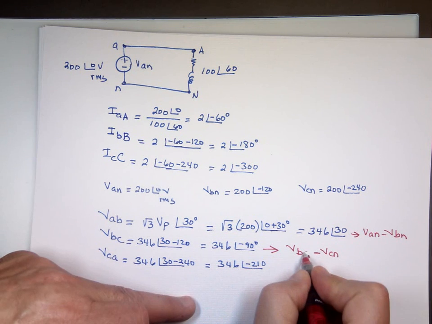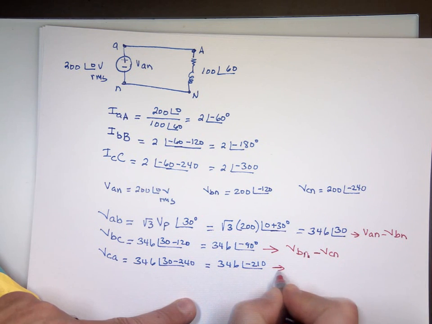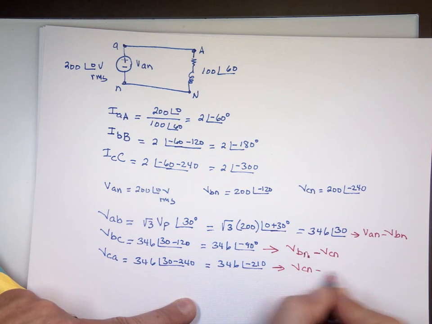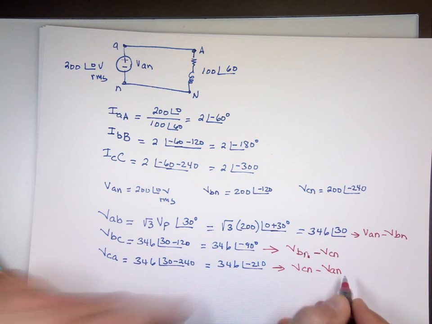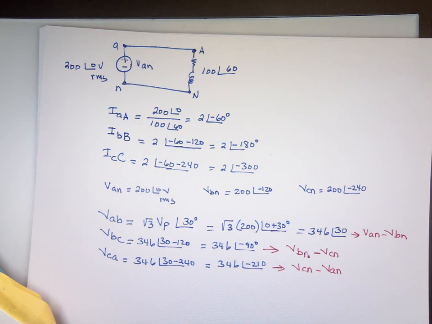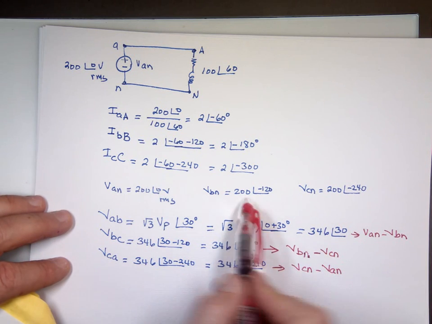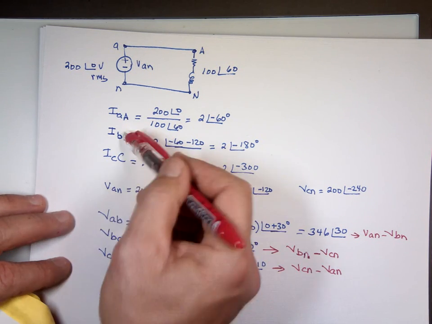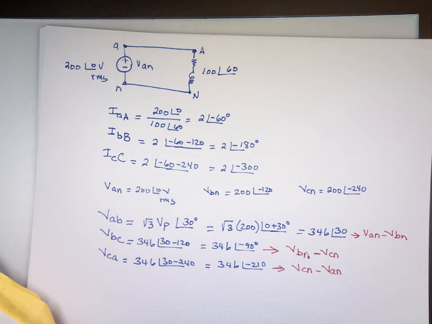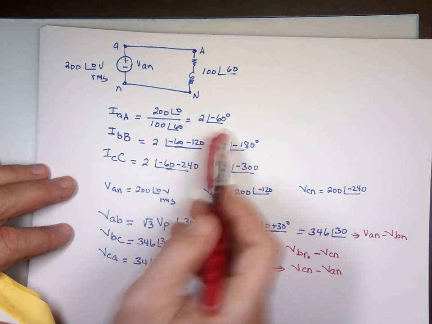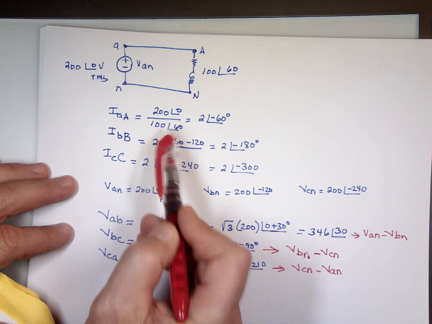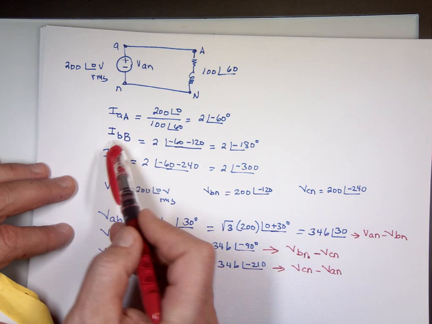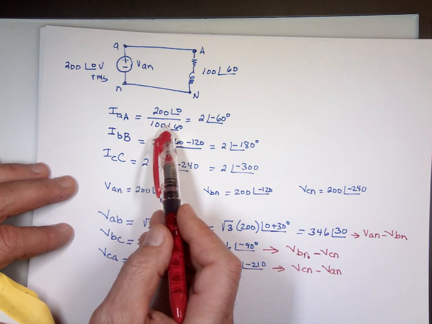This will be VCN minus VAN. So you have to go and do the math for each one. If they're not balanced, you can't guess what these are. They have to give you these values, which means these currents will not be the same. You have to do 3 separate circuits, one for each one of these, because this is VAN divided by that impedance. The next one is going to be VBN, and if it's different, the math is going to be different.